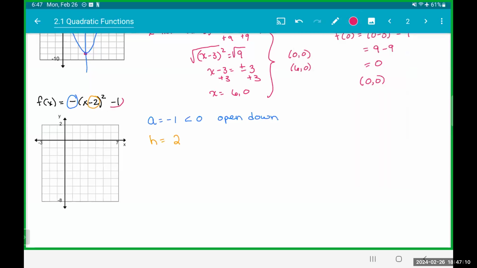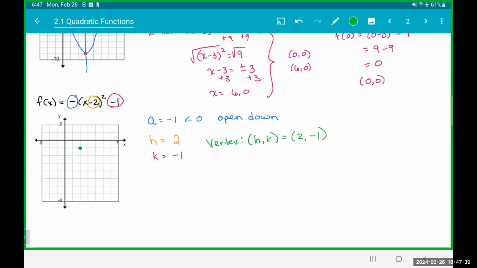And this right here tells me that k is equal to -1. And then knowing all of that, we know that our vertex is going to be h comma k, which is 2, -1. So we could come over here. Here's 2, here's -1. That's our vertex. Remember, we're opening down, so it's going to be something like that.